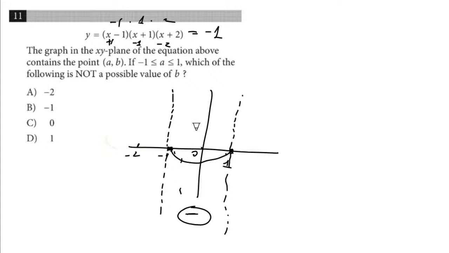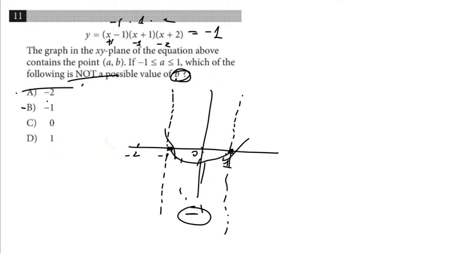It cannot be negative here and then somehow positive without crossing. It should cross. So this function crosses somewhere here and there. So our value B, its y value, should be negative, which is not possible. So -2 is a possible value for A.